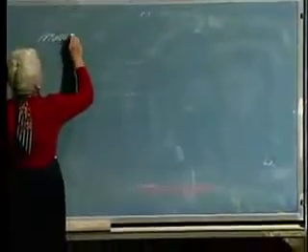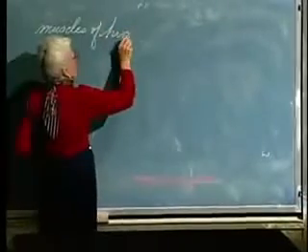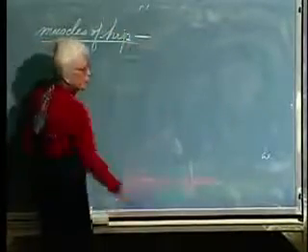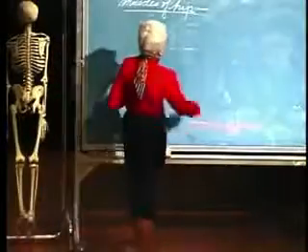Muscles of hip. How many of those are there? So we say we're abbreviating. There's some 19. Amazing, isn't it?